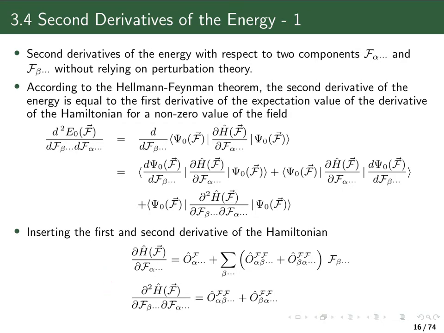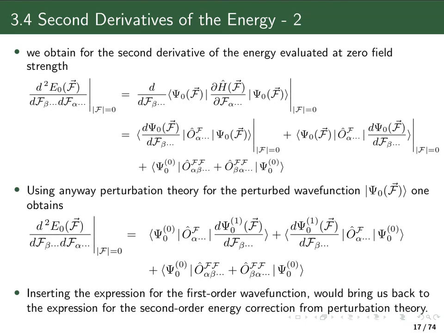Inserting these first and second derivatives of the Hamiltonian in our expression up there, and then evaluating the second derivative at zero field strength, which then of course means that here in the part where we had the first derivative of the Hamiltonian, all the parts which still depend on the field vanish because we set the field equal to zero.